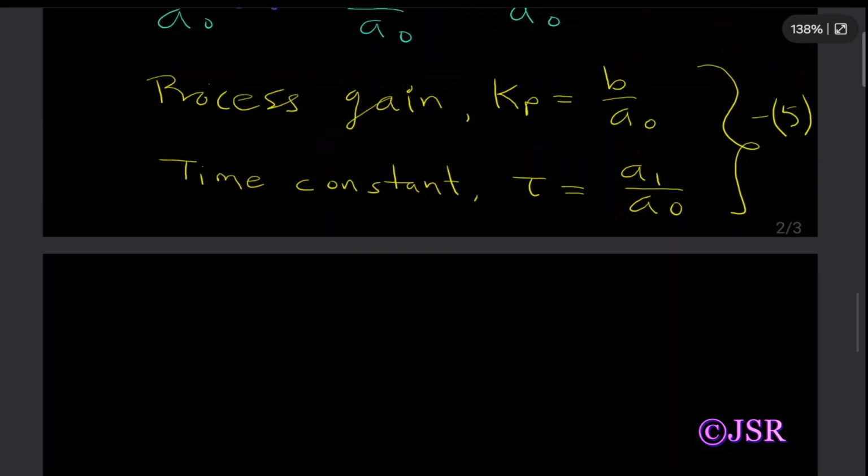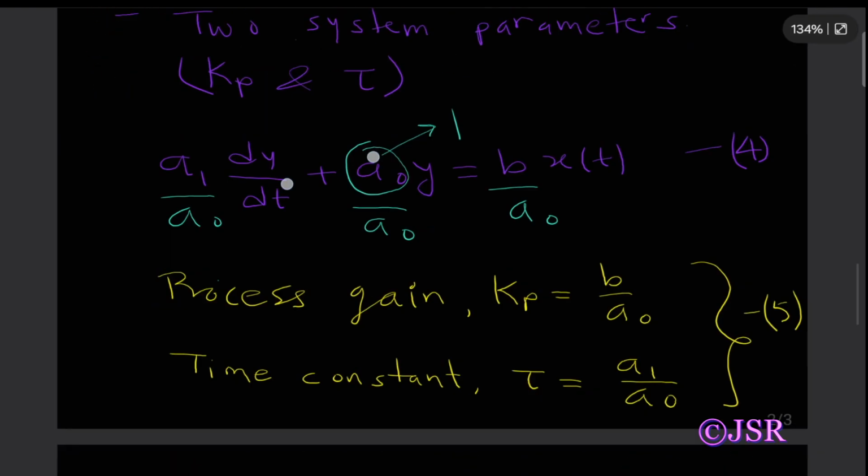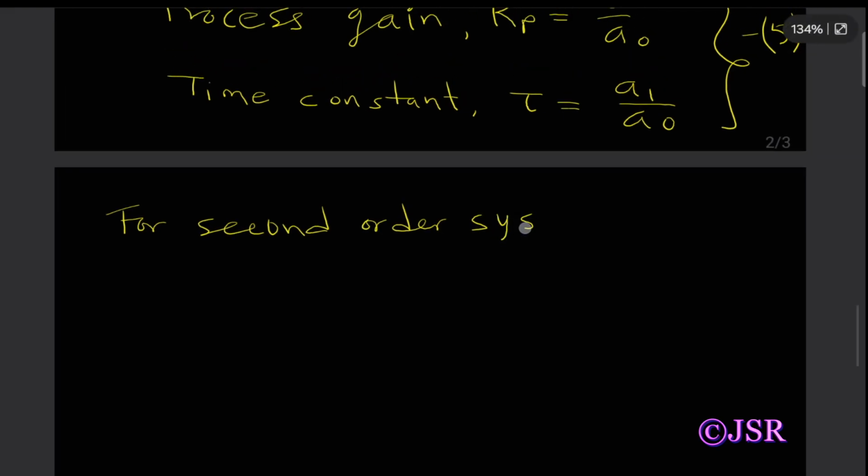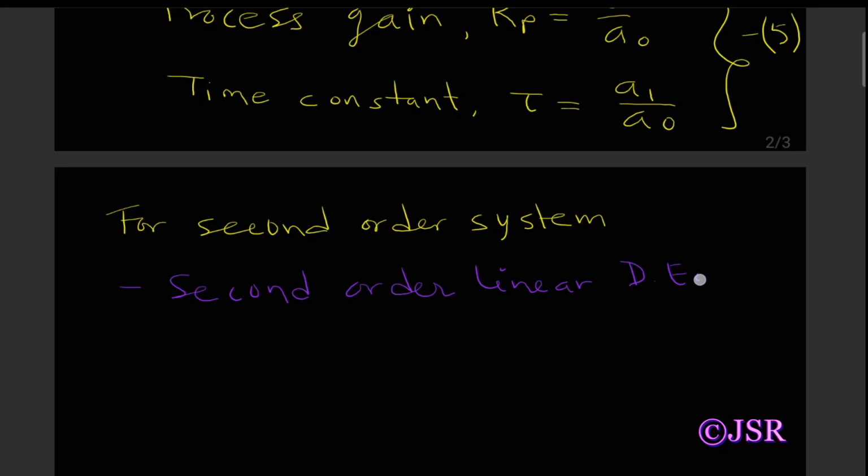Now coming to the second order system. The second order system is described by a second order linear differential equation, and here we will have three parameters.